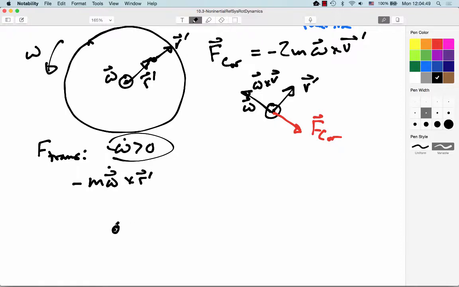So omega dot points in the same direction as omega. There's my r prime from before. So omega dot cross r prime points that way. And again, because of the negative, the transverse force points like so.